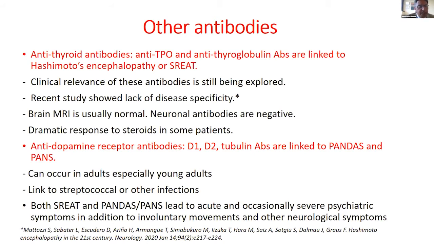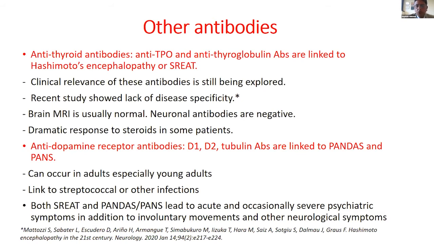The other type of antibodies that we also somewhat frequently are seeing in the autoimmune encephalitis clinic is antibodies against dopamine receptors, D1, D2, and tubulin antibodies. They come within the Cunningham panel, which is a panel that is mainly used by pediatric neurologists for children with PANDAS and PANS.